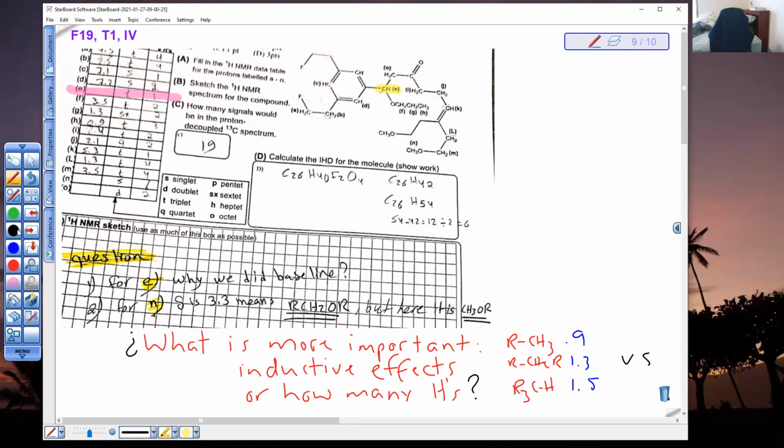E is both benzylic and ether. Benzylic because it's on a carbon one away from a phenyl, and ether here.